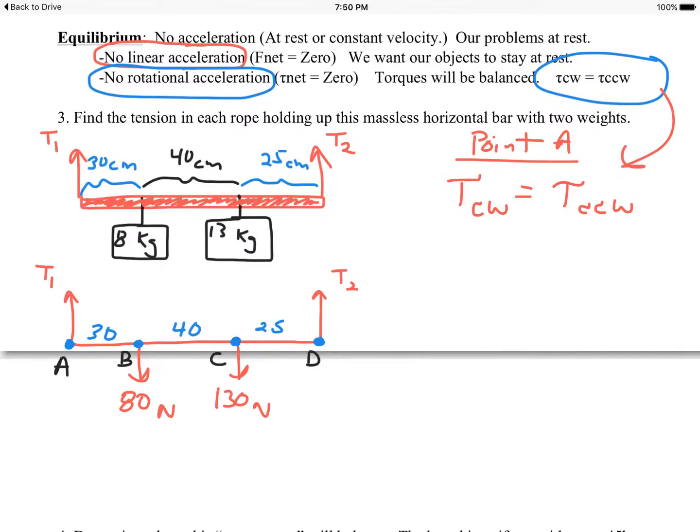Well, it would swing down because B and C, or the forces at B and C, are pulling down, trying to make the whole thing rotate clockwise. Whereas T2, that rope that I just cut, is pulling up, trying to, if it was stronger, or somebody grabbed onto it and pulled up, would make the whole system rotate counterclockwise if you held point A fixed.